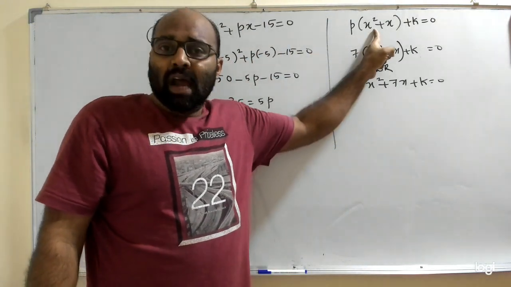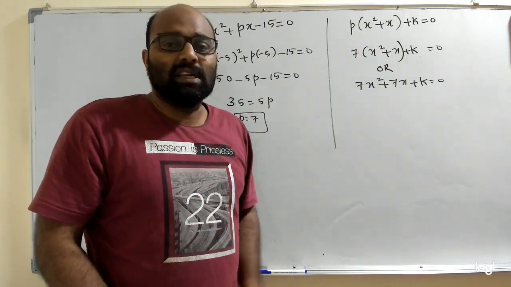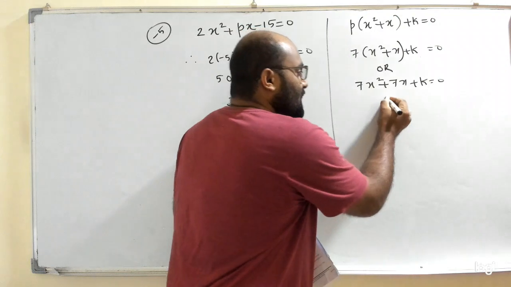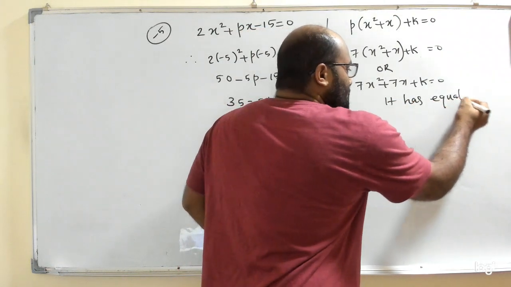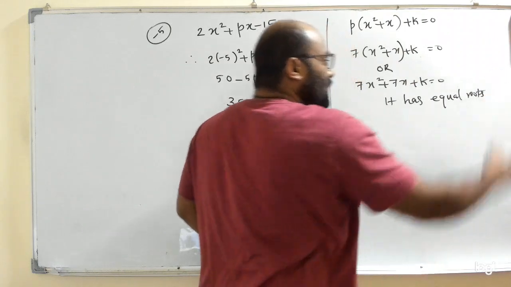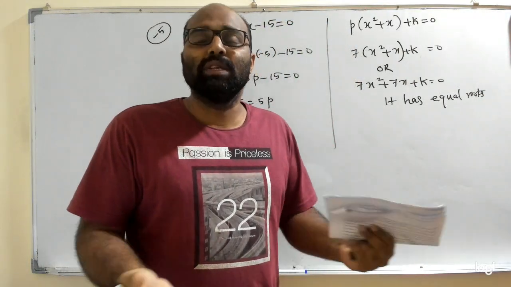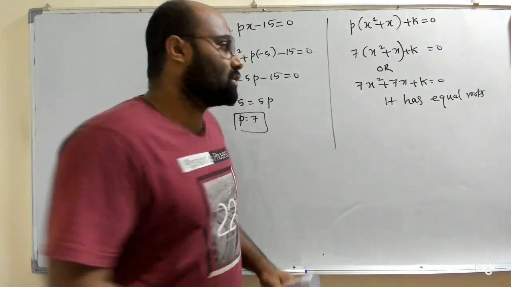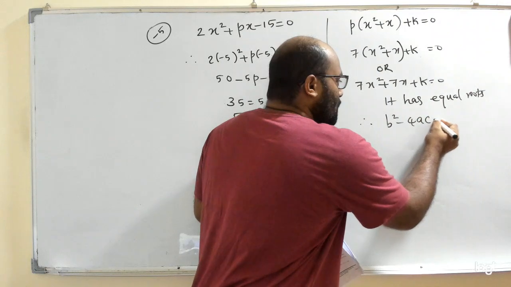This equation has equal roots, it is there in the question. Given that it has equal roots, what is the condition for equal roots? b square minus 4ac equal to 0. Therefore b square minus 4ac equal to 0.